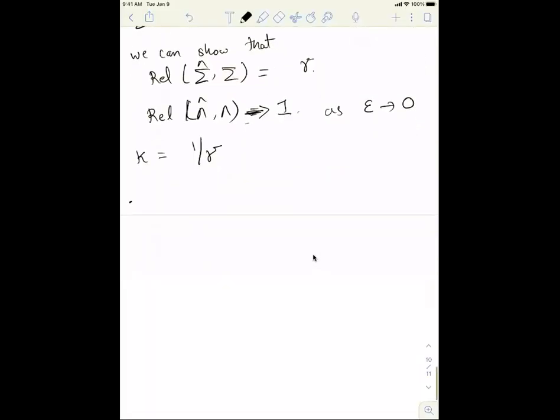So the conclusion here is that there are many bad examples. There are many ill-conditioned examples.